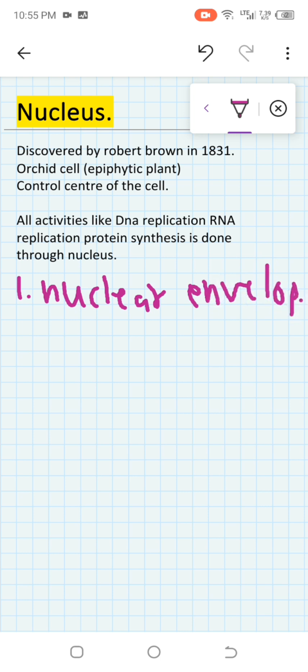So what actually is the nuclear envelope? This nuclear envelope basically contains the outer and inner membrane of the nucleus, known as karyotheca. It is the covering portion of the nucleus, and the nuclear envelope is two membranes: one is the outer membrane and the other is the inner membrane.